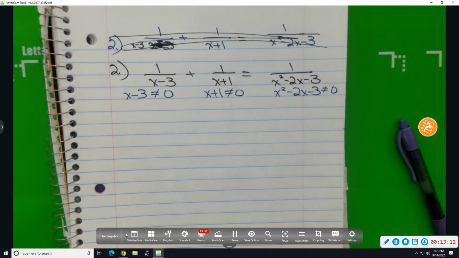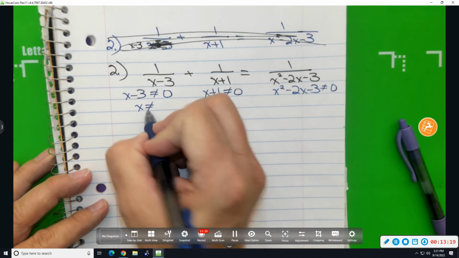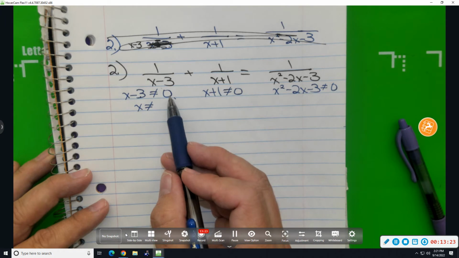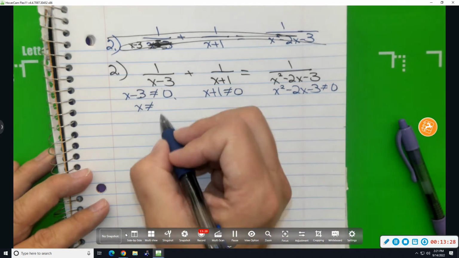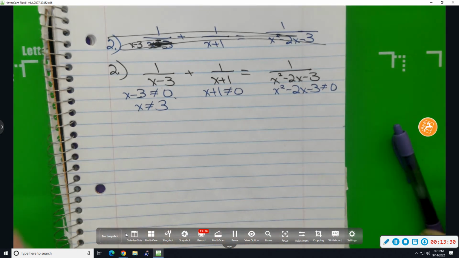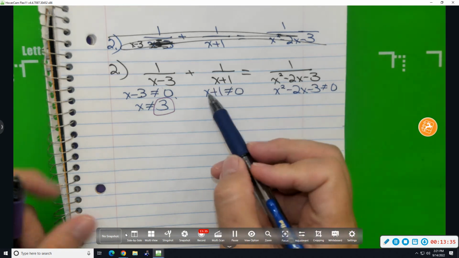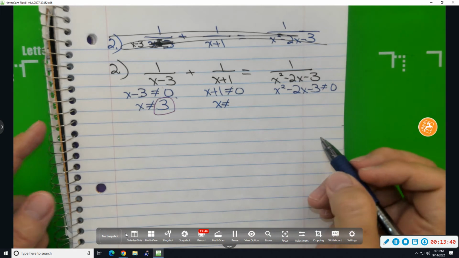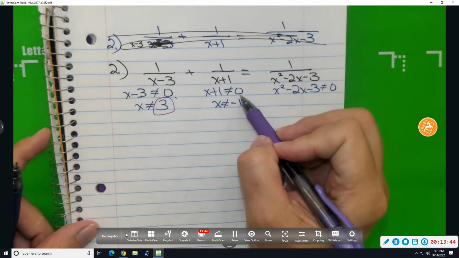Well, the first two are easy enough. Getting x by itself, moving the negative 3 over, we get that x cannot equal 3. Moving that 1 over, we get that x cannot equal negative 1.